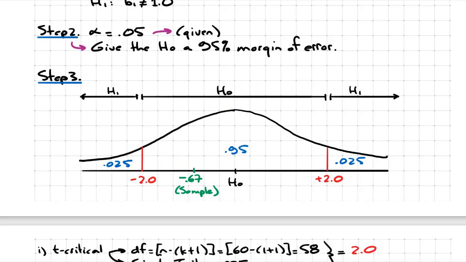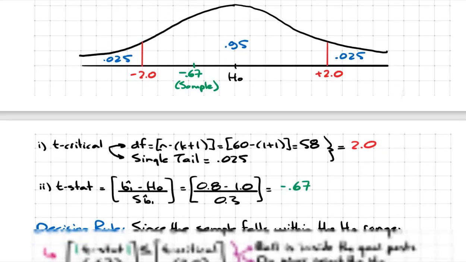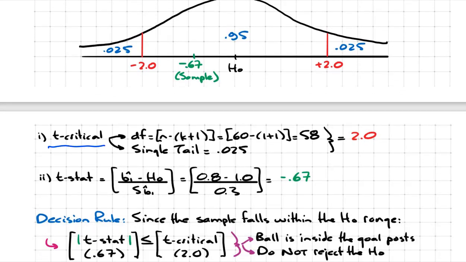Now, I'm using words like goalposts and ball, but in quantitative analysis terms, the goalposts are referred to as t-critical values. So to find those t-critical values, i.e. the goalposts, we have to specify the degrees of freedom and the single tail area.